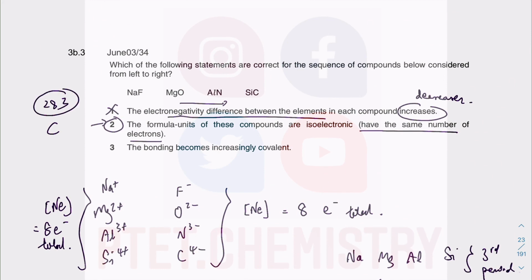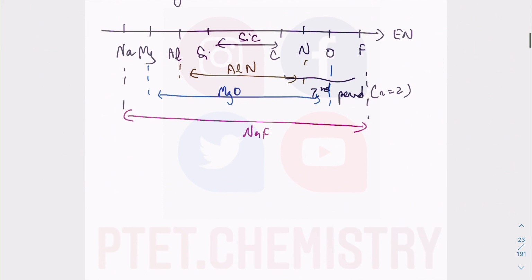Well, the bonding becomes increasingly covalent. I hope you can see the trend is that going from sodium fluoride to MgO to AlN to SiC, the electronegativity difference gets smaller. When you have a big difference in electronegativity, you are more likely to adopt ionic bonding, where one loses an electron and one gains an electron.